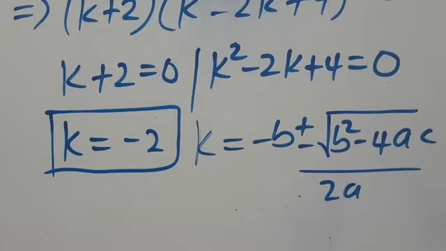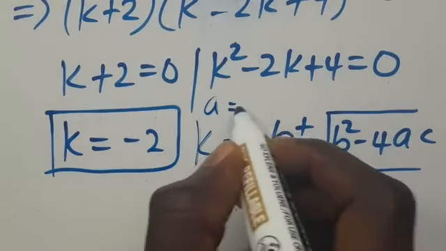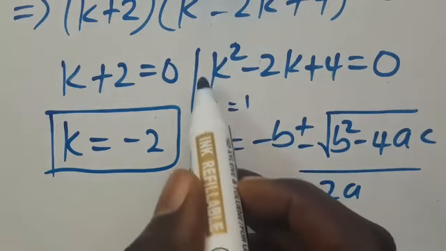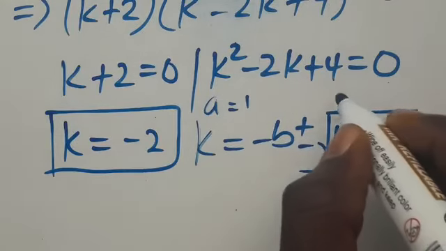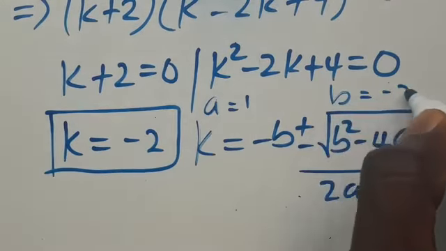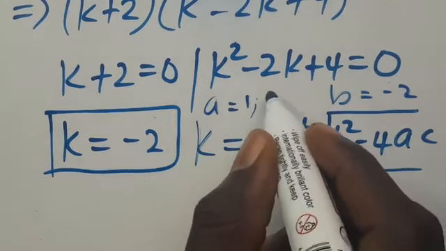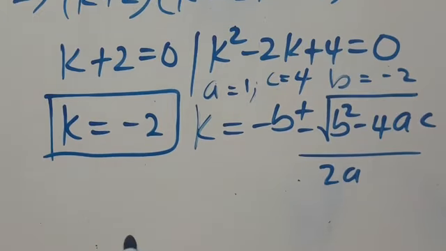Then from here, our a is the coefficient of k squared, which is 1. Our b is the coefficient of k, which is minus 2. Then our c equals the constant, which is 4.